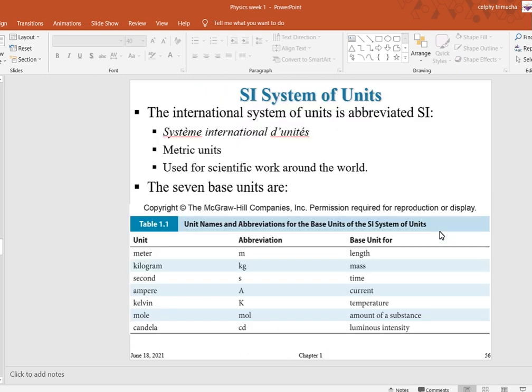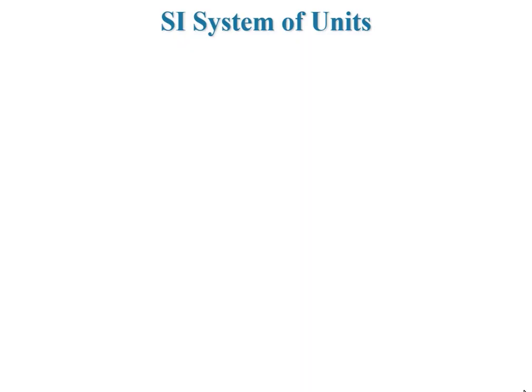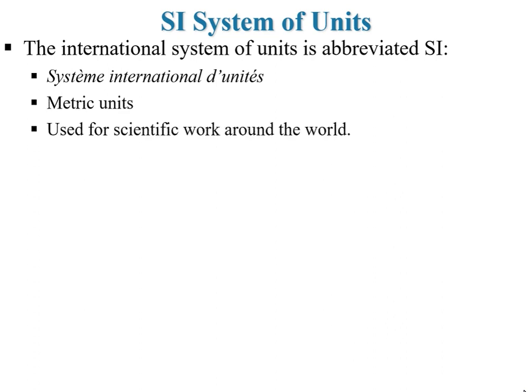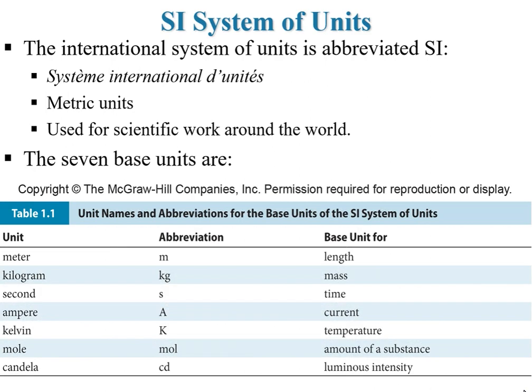So take note that we have different systems of units that we can encounter, if we are studying any type of science, especially physics. The system we commonly use is the SI units, the metric units used for scientific work around the world. For the SI units, we have the following units and their abbreviations. For the meter, we have M, used as the basic unit of length.